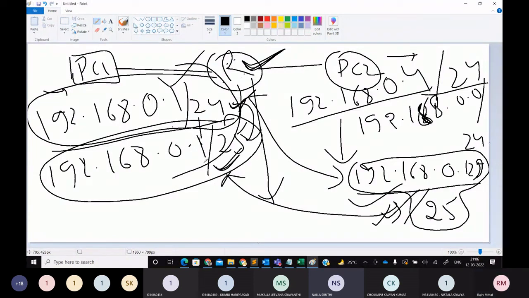Because for this network, this is not conflicting with this 129, because even if it is 25 or 24, this 1.1 IP is separate. So the router will treat it as 25 and then route the traffic. But technically it's wrong. Always change the subnet when different PCs are connected to a router rather than through a switch. Understood?